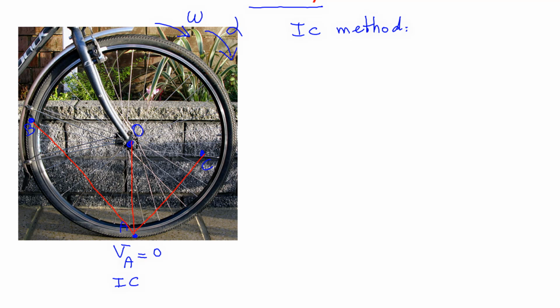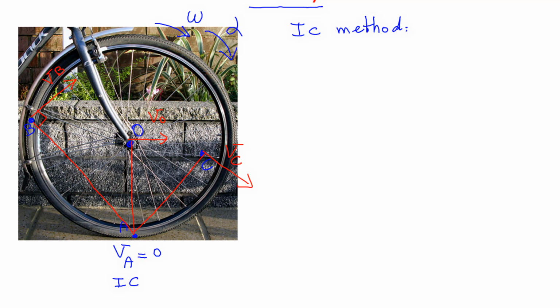Then we assume that the whole wheel is rotating about the IC point, so the velocity for each point is normal to the position vector. This is the direction for velocity of point B. This is the direction for velocity of point O, and this one is the velocity of point C.